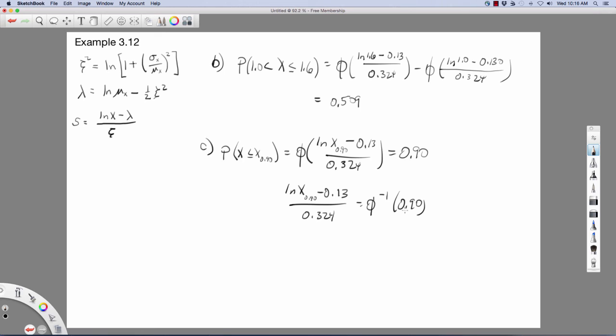And when we solve for the parameter x, the 90th percentile is going to be equal to the exponential function, or e raised to 0.545, which gives us 1.72.